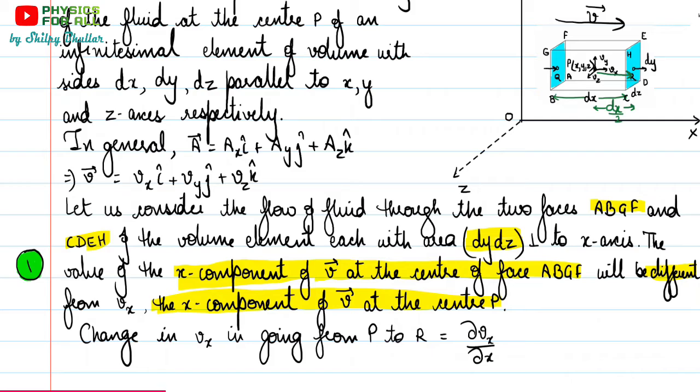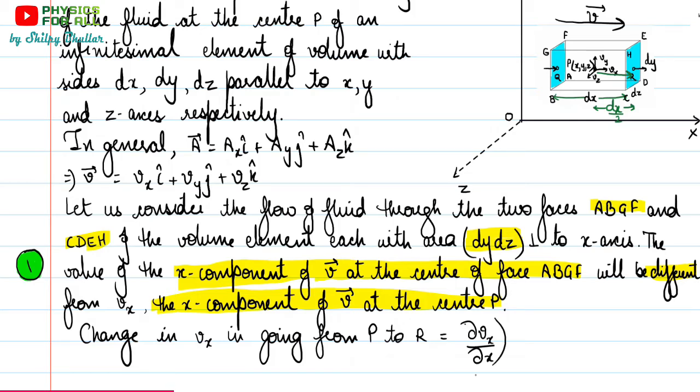That's why we say this velocity vector is partially dependent on all three directions, and that's why we have to use curly, because curly is specifically meant for partial differentiation. So this is the change in Vx because it is changing with respect to x.